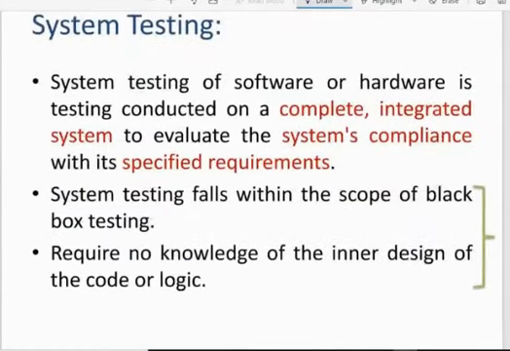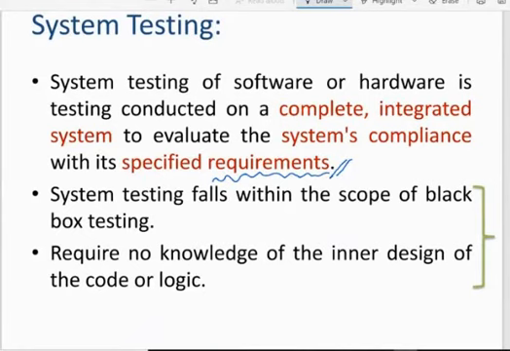So for system testing, system testing of a software or hardware is the testing conducted on a complete integrated system to evaluate the system's compliance with its specified requirements. Right? This time I am going to look into requirements.